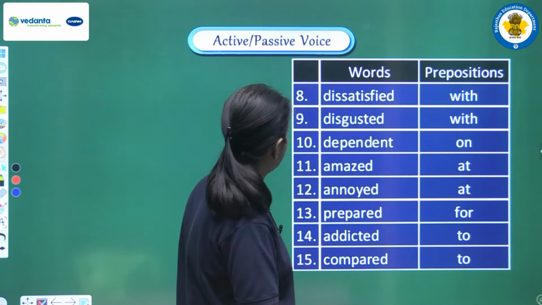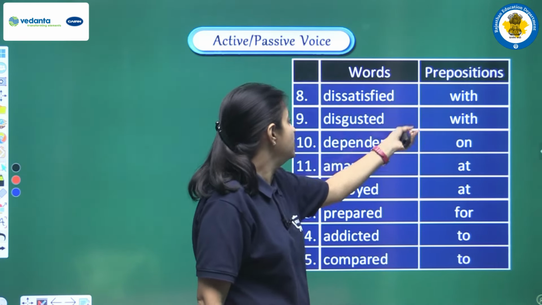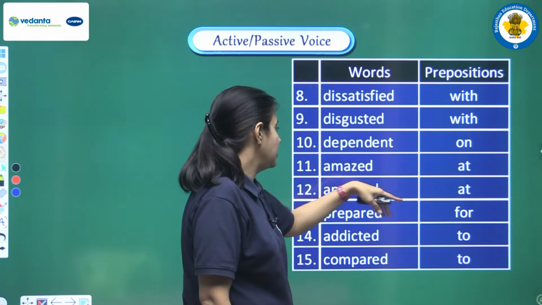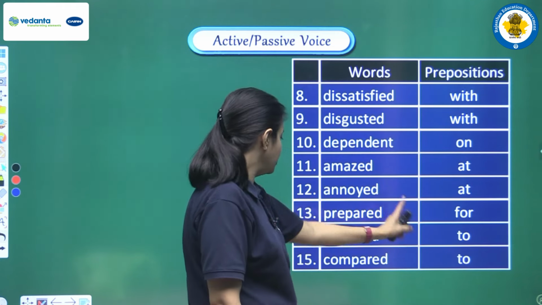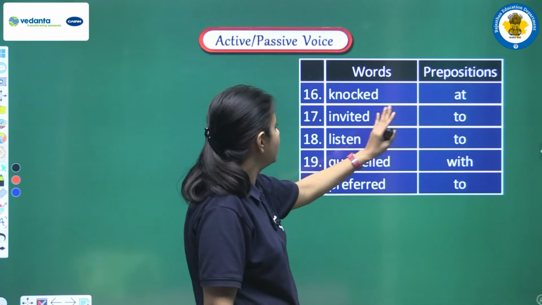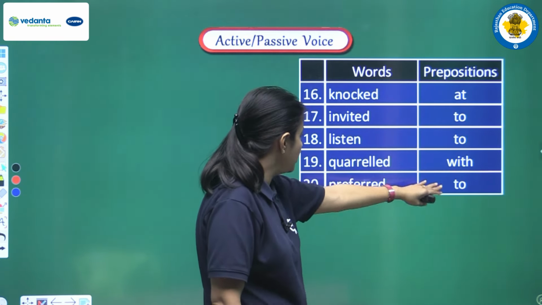Disinterested in. Dissatisfied with. Disgusted with. Dependent on. Amazed at. Annoyed at. Prepared for. Addicted to. Compared to. Knocked at. Invited to. Listen to. Quarreled with.